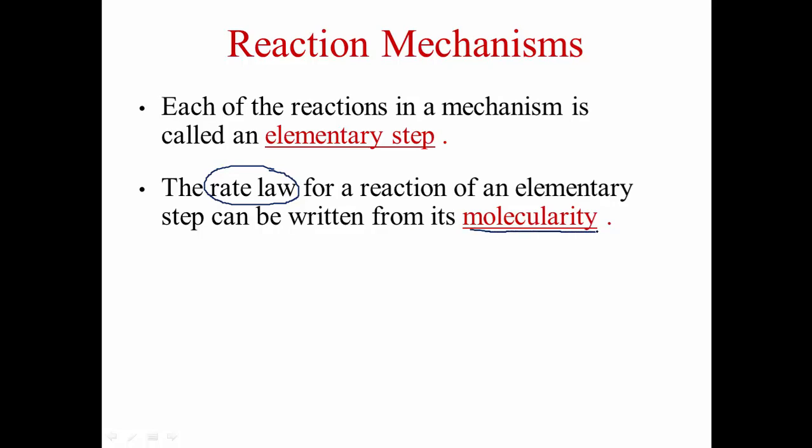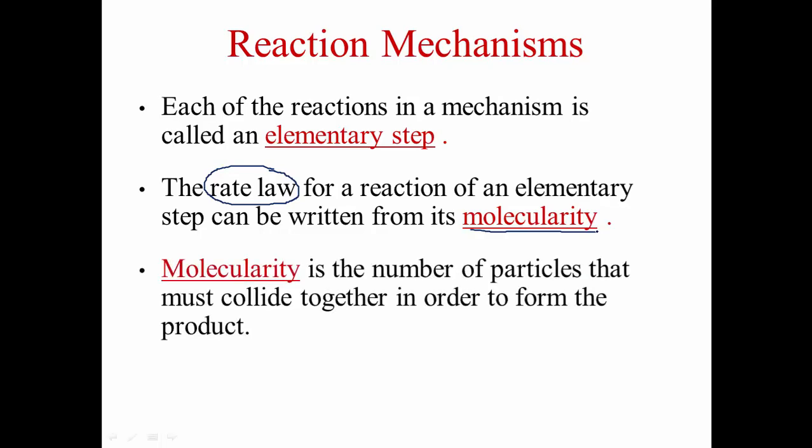And molecularity is a term used for the stoichiometry of an elementary step. So an elementary step is going to show simple collisions between particles, and we can write rate laws from those elementary steps, never from the entire reaction, but we can from the elementary step. So molecularity is the number of particles that must collide to form the product.